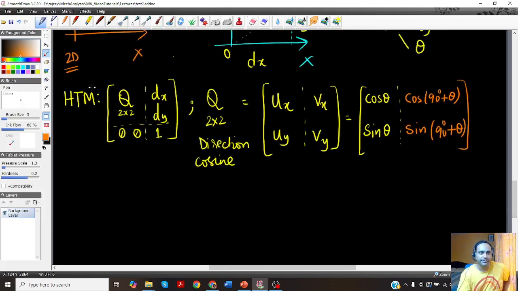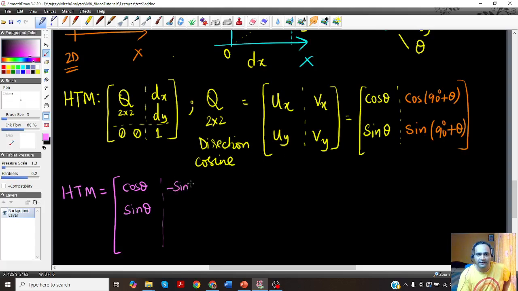So let me complete the HTM because we'll be using this HTM soon. HTM will now have cos theta, sine theta, then minus sine theta, cos theta, since cos of 90 plus theta is minus sine theta and sine of 90 plus theta is cos theta.